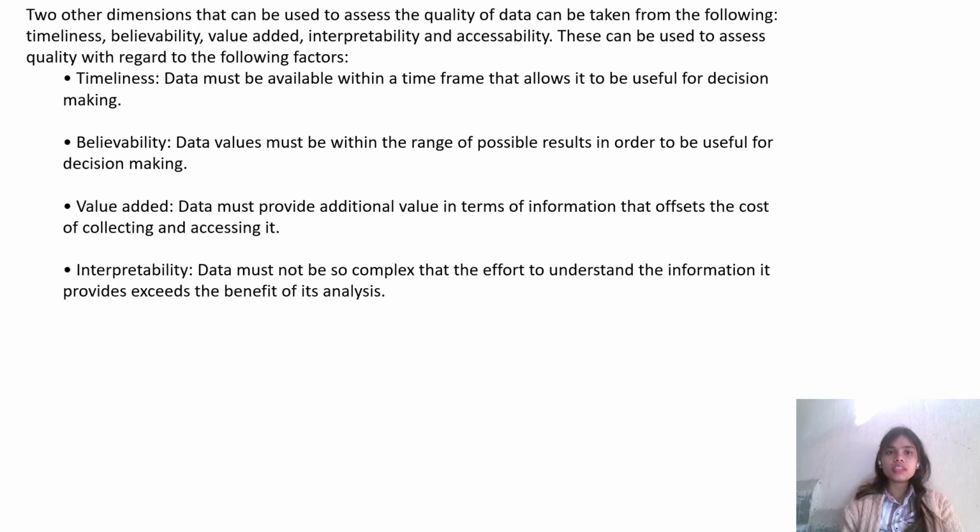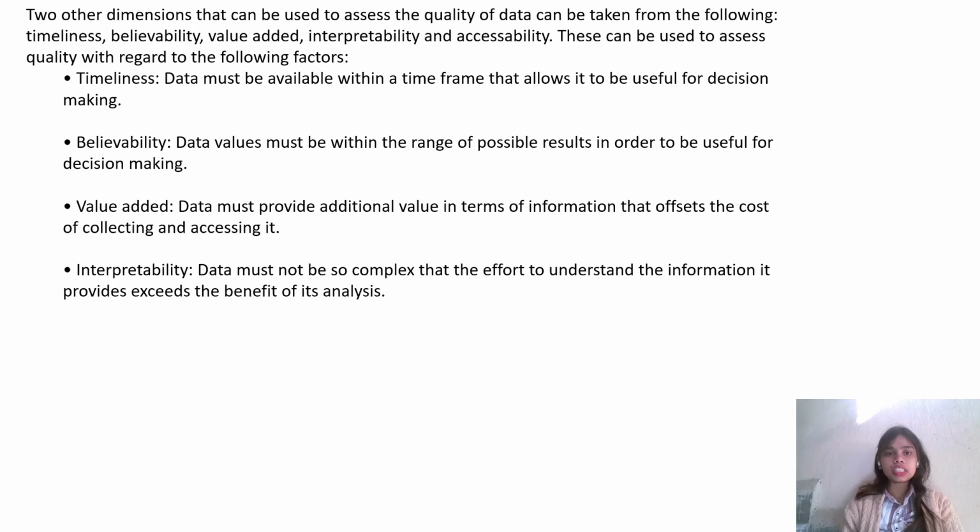Other dimensions that can be used to assess the quality of data are timeliness, believability, value added, interpretability, and accessibility. Timeliness: data must be available within a time frame that allows it to be useful for decision making.